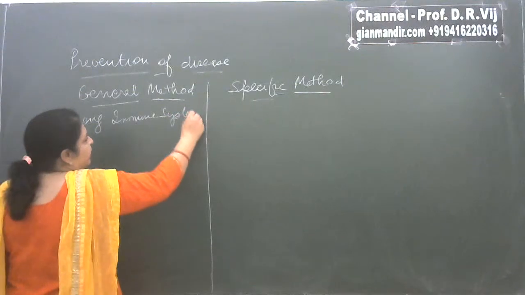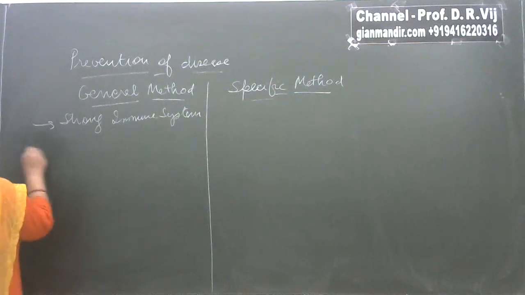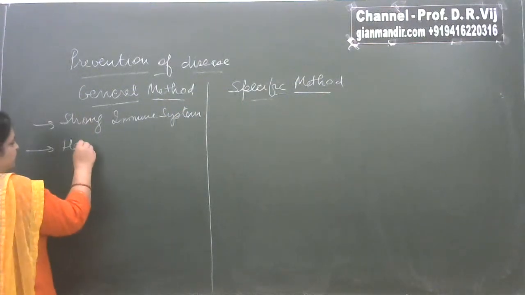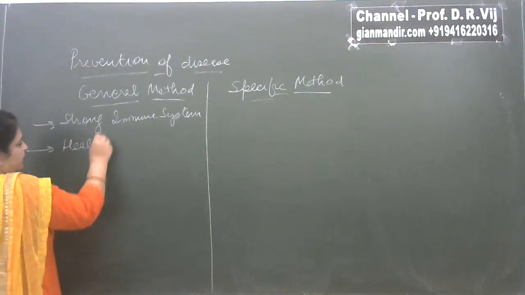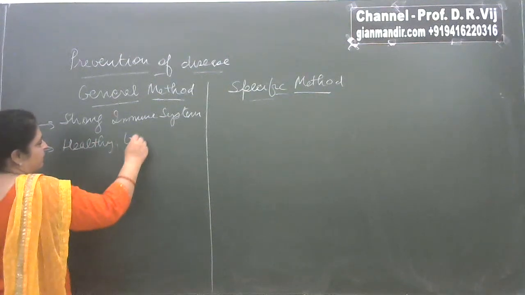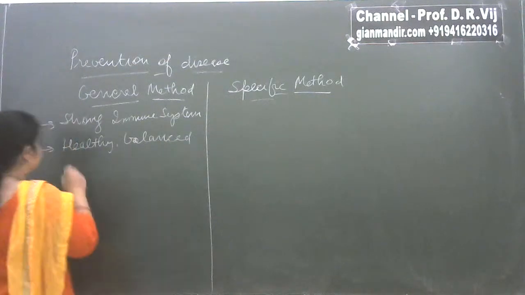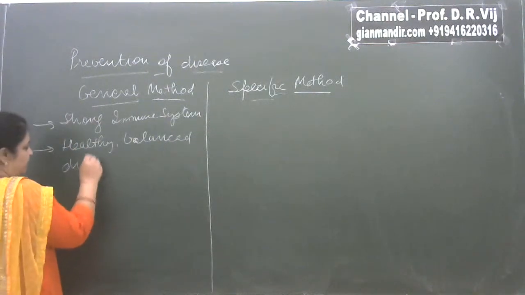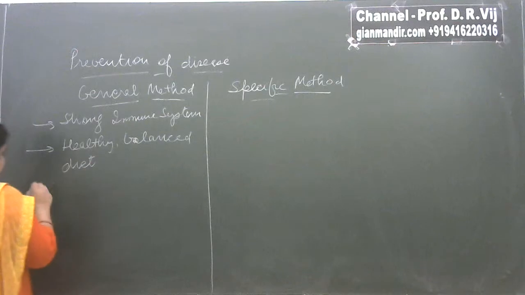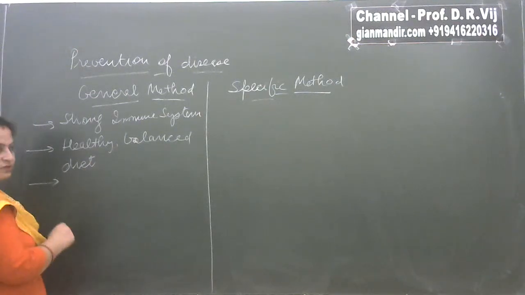And in order to have a strong immune system, what is required is that we must all have a healthy, balanced diet so that we get all the nutrients and our body develops a strong immune system.